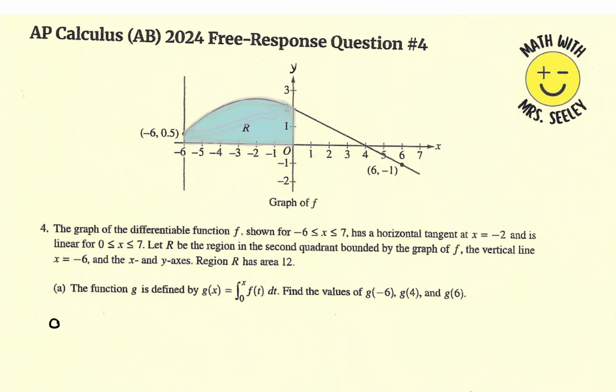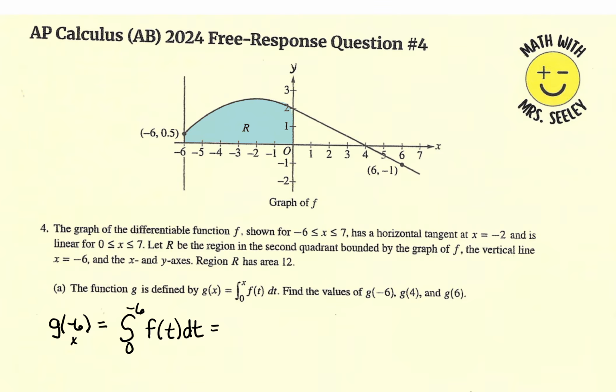Let's start with finding g of -6. If I want to find g of -6, that's like putting in an x of -6 right here. So therefore, we will have the integral from 0 to -6 of f of t dt.